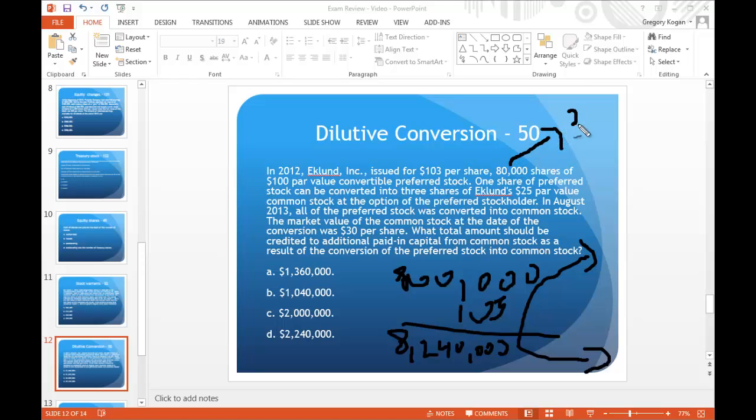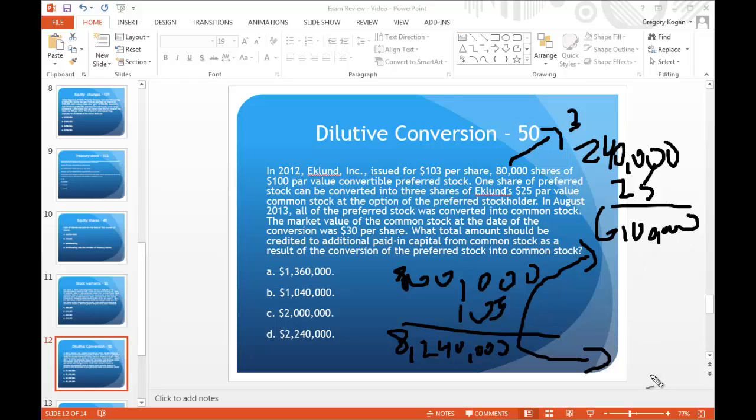So this is going to go times 3, and we're going to end up with 240,000 shares. Now this 240,000 shares times 25, that's really what the par is. Because you know the shares and you know the par, you get 6 million for the par here.